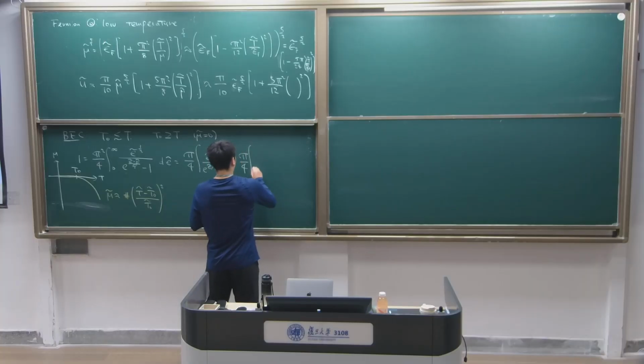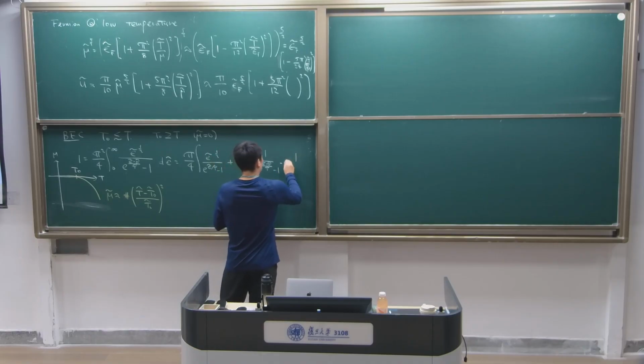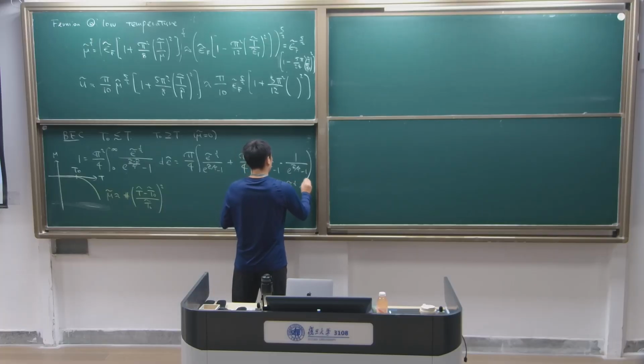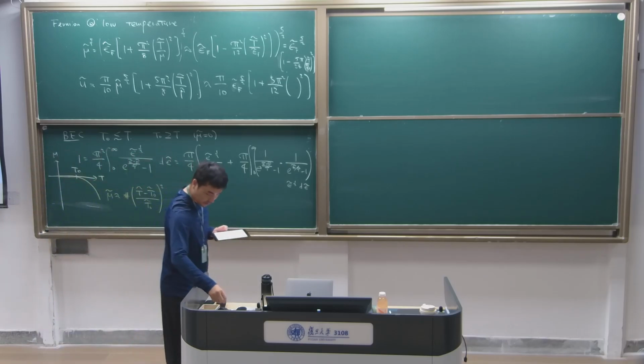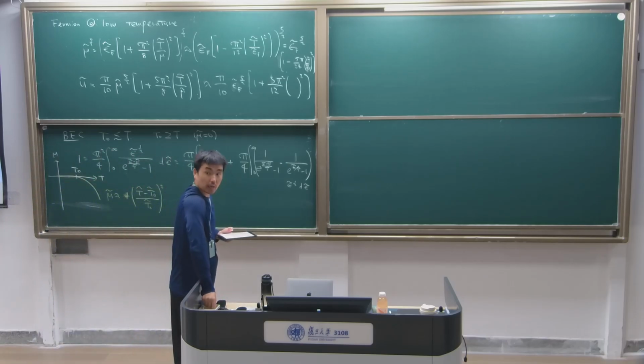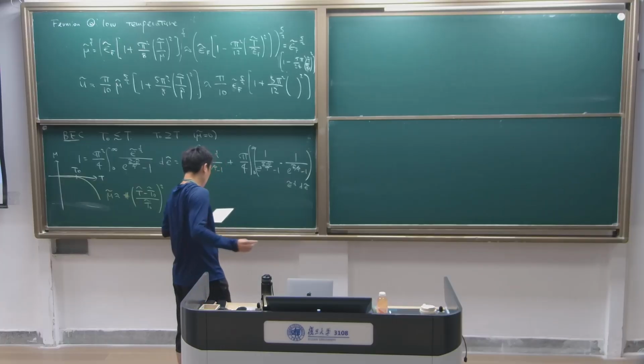And then what we did is that we separate contributions from the exponentials, e to the epsilon and 1 minus e to the epsilon, times the exponential. That's what we did. And here, we just took the leading contribution.